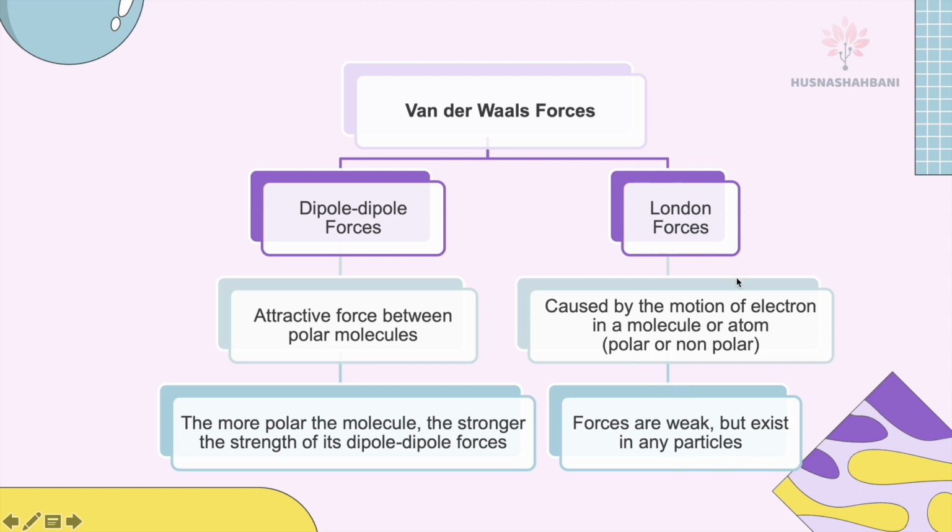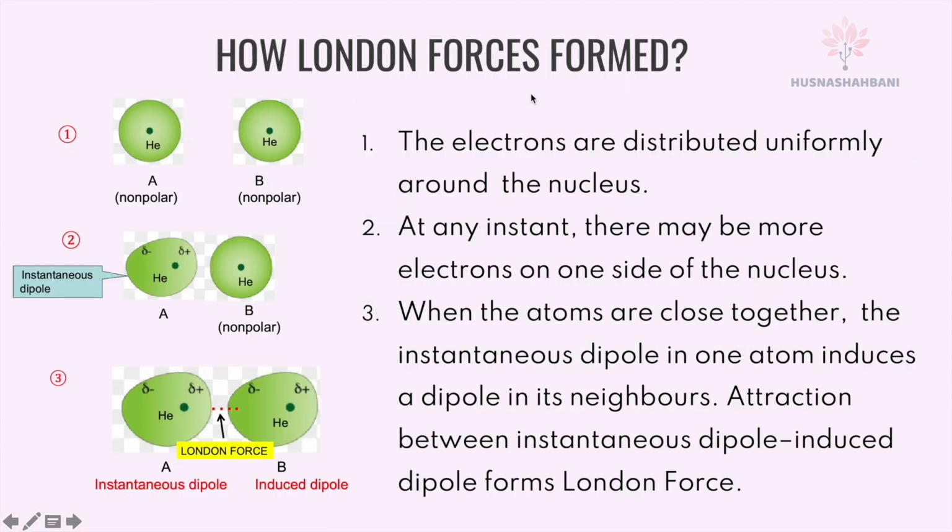But dipole-dipole forces are only for polar molecules. The more polar the molecule, the stronger its dipole-dipole forces. London forces are weak but exist in any particles. How do London forces form?